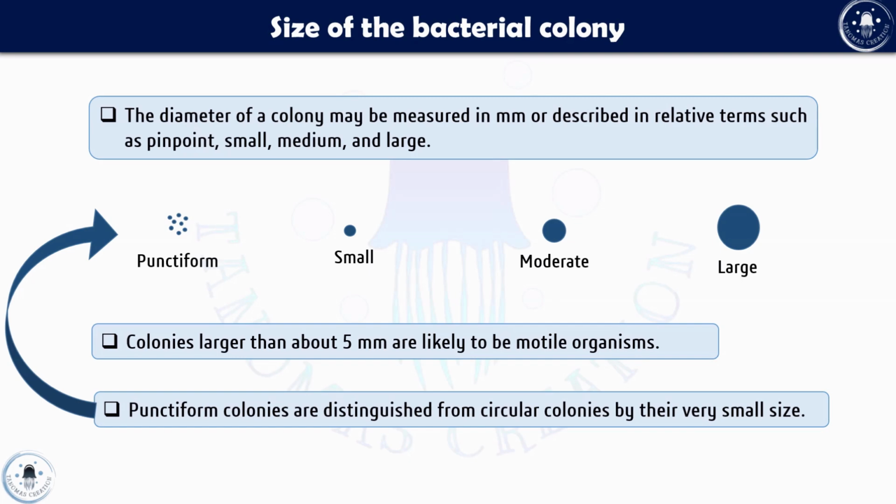When we culture on the agar plate, we sometimes find dot-form colonies which are very difficult to count. These dotted colonies are called punctiform. They are the smallest size of bacterial colony.